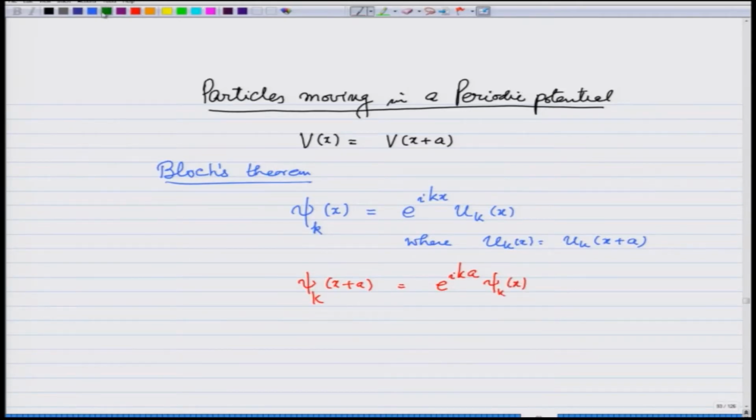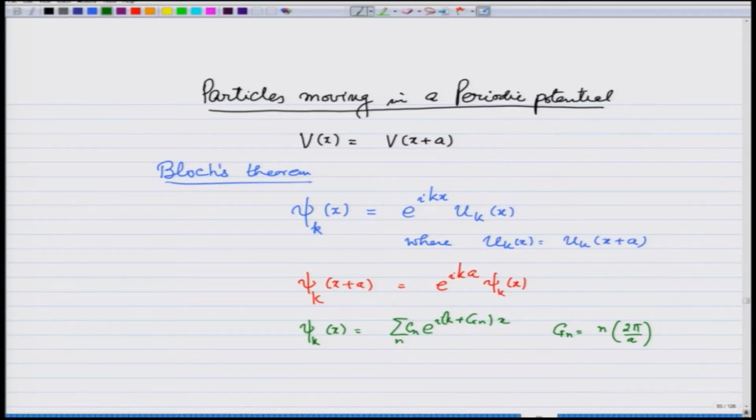And a third form that we wrote was that psi k x can be written as a summation over n of c n e raised to i k plus g n times x, where c n are some coefficients and g n is n times 2 pi over a. So, these are three different forms that this wave function comes in, and what are the consequences of having a wave function like this?